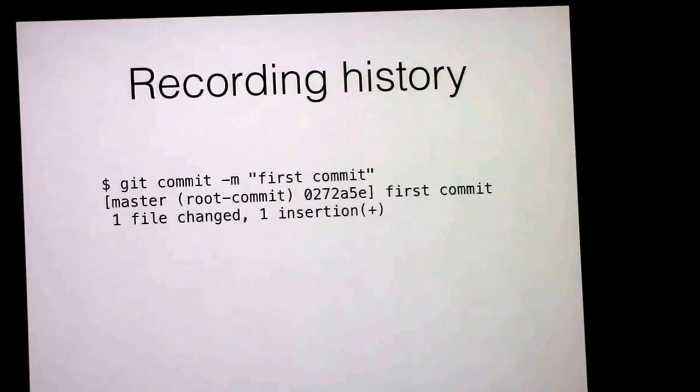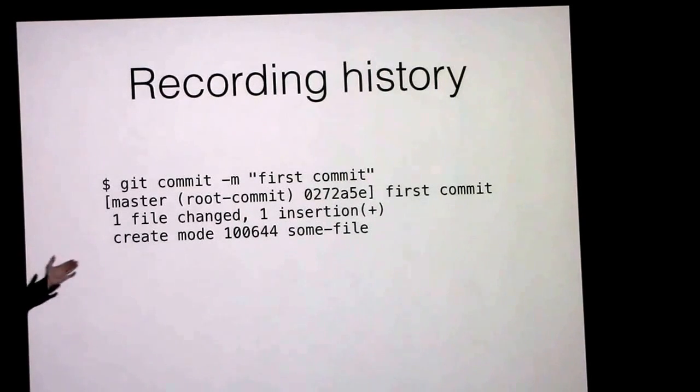You'll get something kind of like this. Your hash will be different from mine, but you'll see master, root commit, your hash ID, the comment that you put in, and what happened: you changed one file, added one file, and the mode, the Unix file system permissions that were recorded with that file.